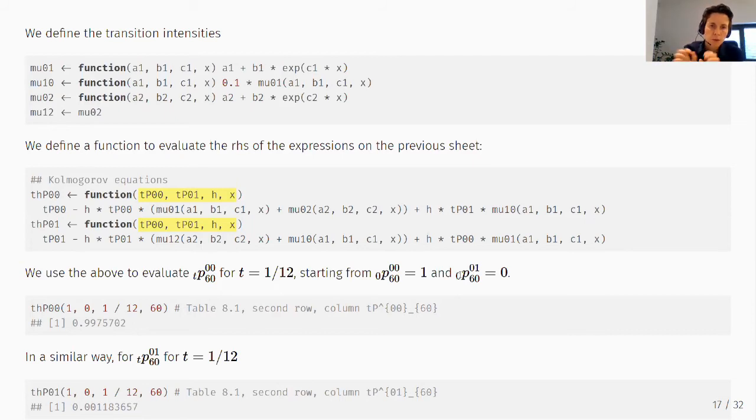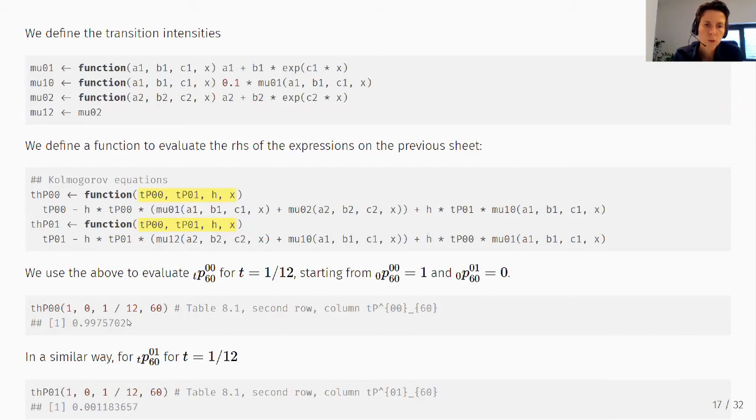So these are our boundary conditions, and now we can move from t equals 0 to t equal 1/12 using the expression that you see over here, right? So using this function call, I give as the arguments TP00, that's 1, TP01, that's 0, my h is 1/12, and my x, my starting age, is 60.